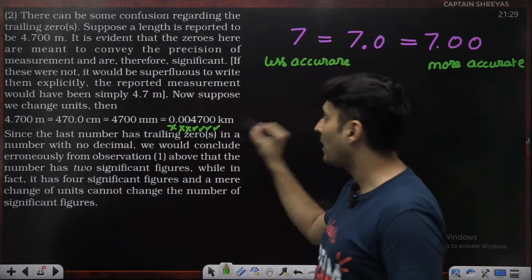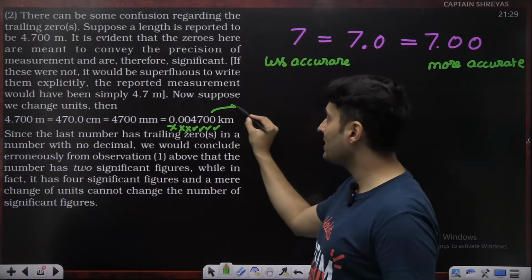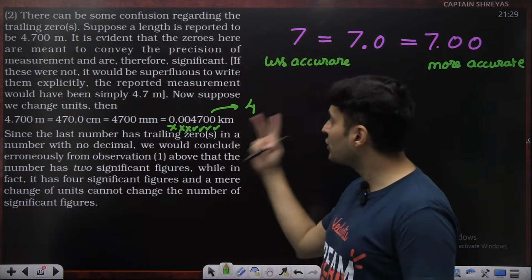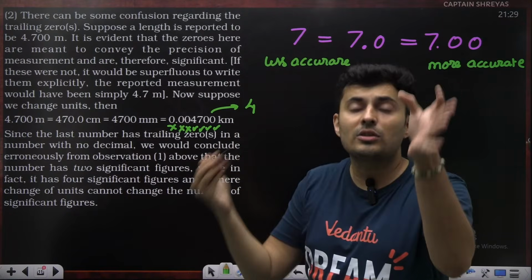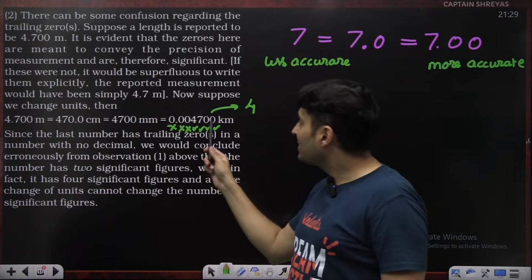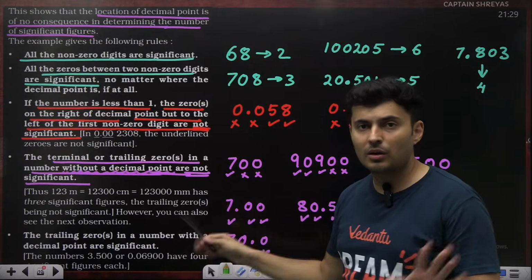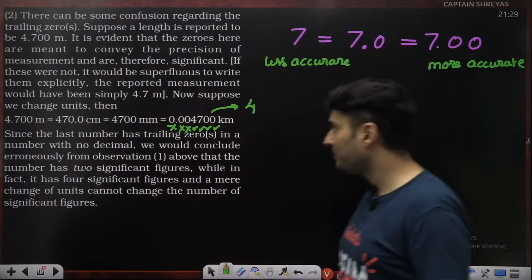So these two zeros are also significant figures. So the last two decimal places here also become important, because these zeros are after a decimal. We are just using this particular rule, nothing more, nothing less.